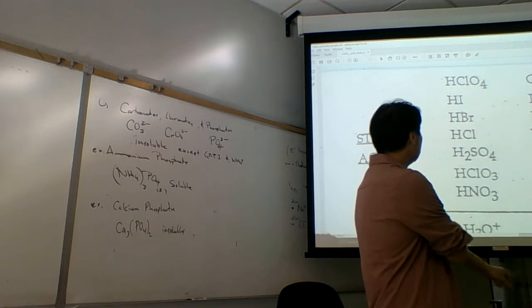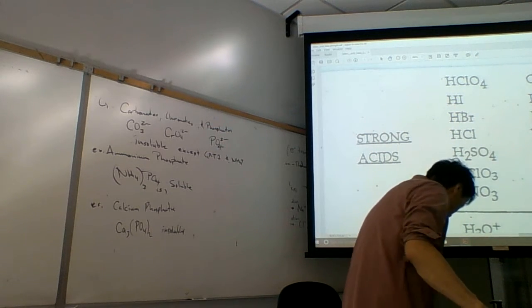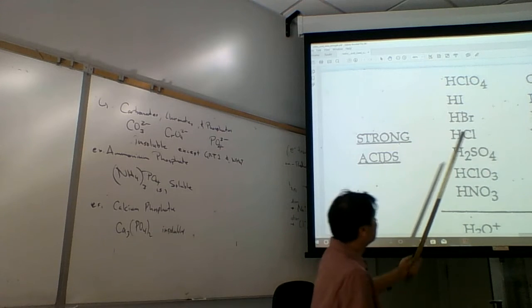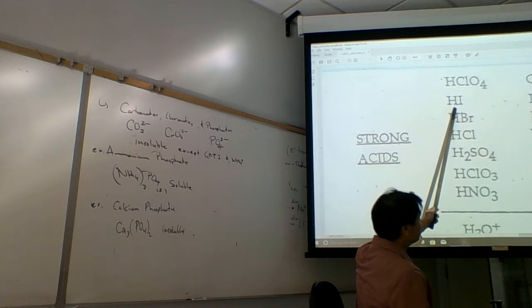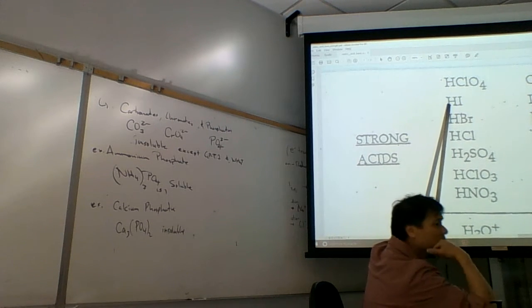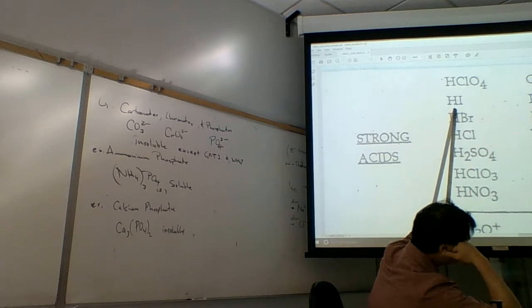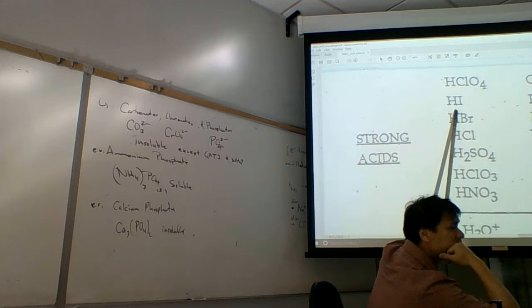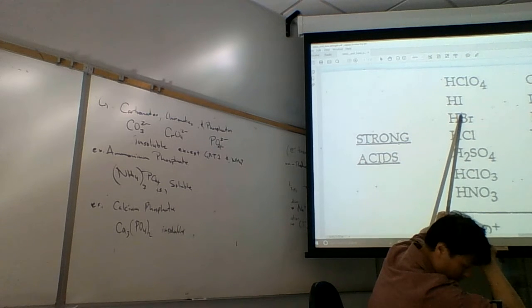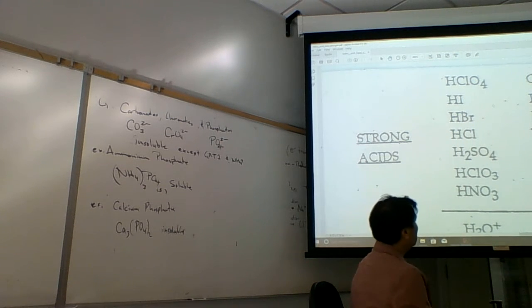So let's take a look at this. Below perchloric acid is what acid? HI. HI is called, what's the anion?